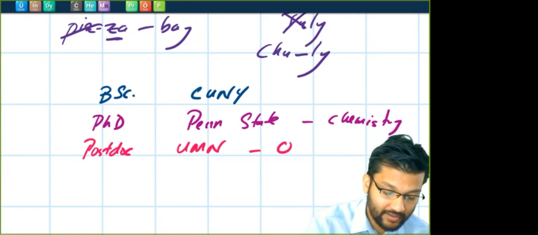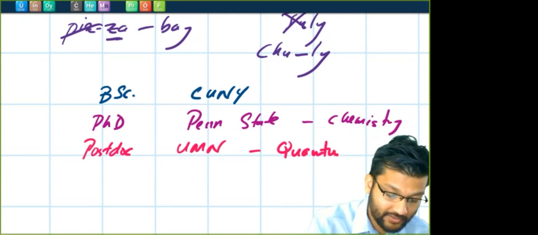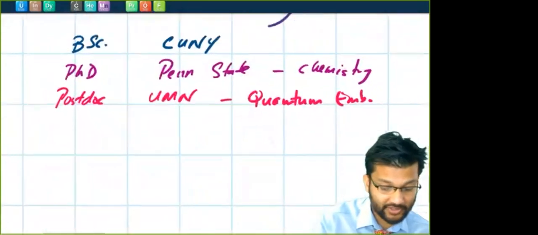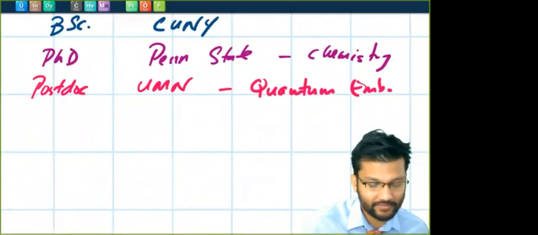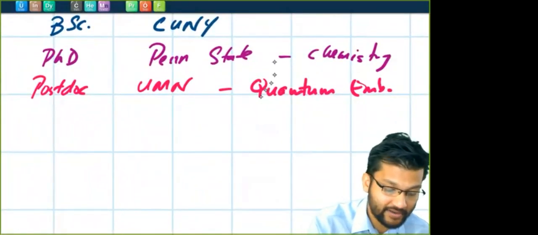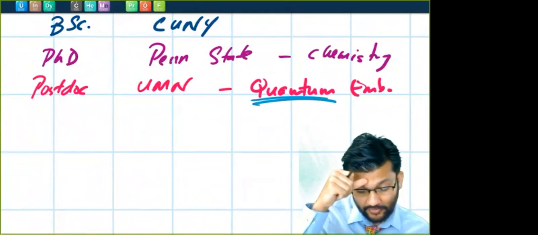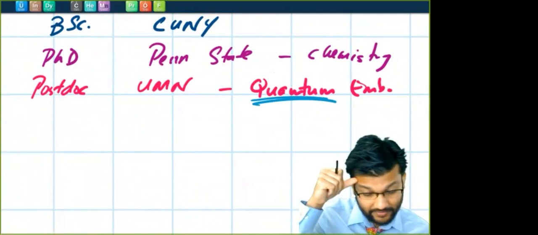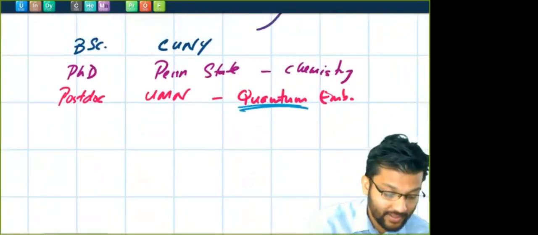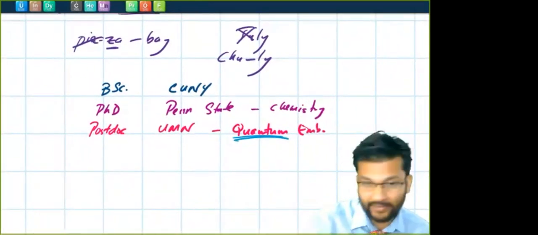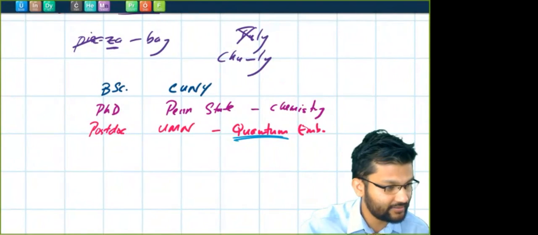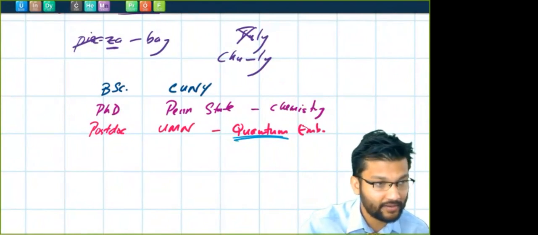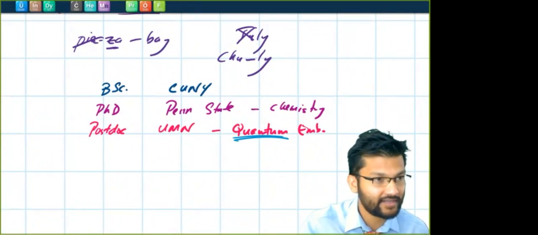So really, teaching this course, which is physical chemistry 2, or really should be called quantum chemistry, is my area of expertise. I've studied a lot of quantum systems and different quantum methodologies. So that's who I am. I could barely see some of your faces, but I see all of your names. Hopefully on Thursday when we meet face to face, I get to meet and know more of you.